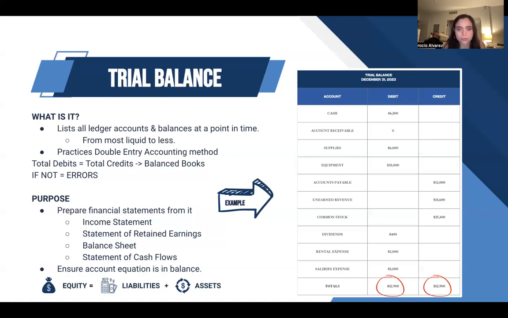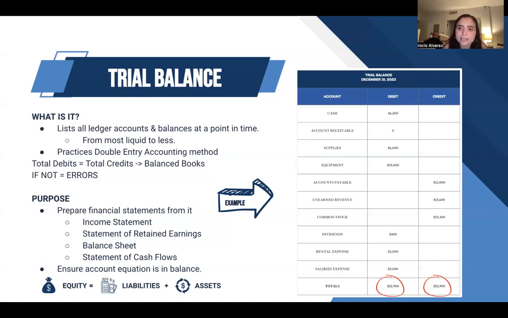The purpose of the trial balance sheet is to overall ensure that the accounting equation is in balance for your company. So here to the right, I made up a fake scenario, fake numbers, they mean nothing, but it's just to better illustrate and give you a visual look of what it feels like, what it looks like, and what it's supposed to be doing.